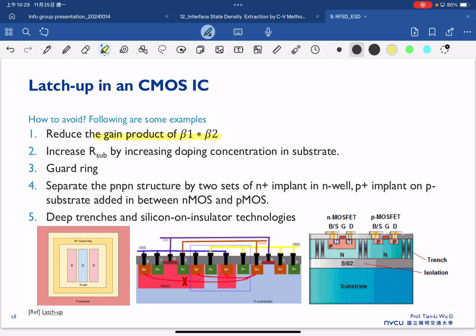And also we can increase the substrate resistance, or put in a guard ring, or separate the PNPN structure, or do a deep trench in silicon on insulator. The idea behind this strategy is that we want to separate the PNPN structure.